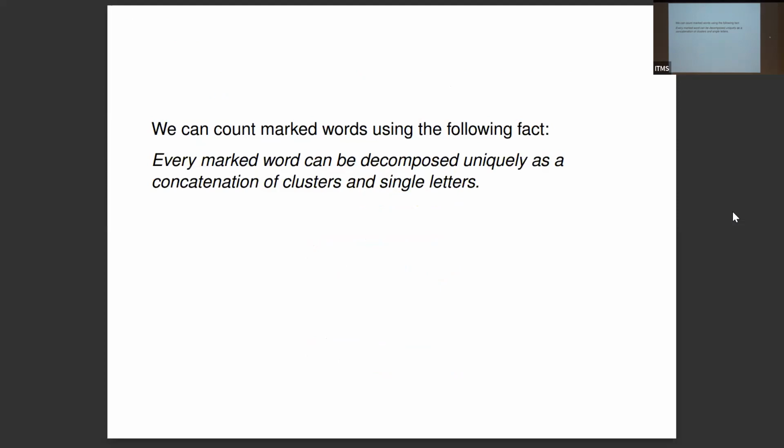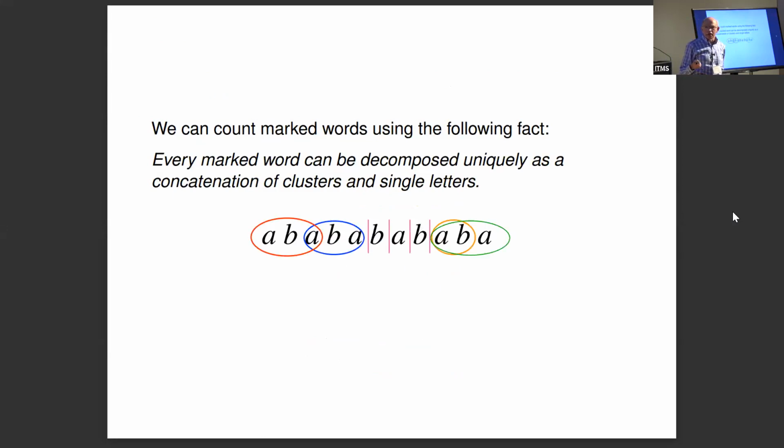So the key fact is that every marked word can be decomposed uniquely as a concatenation of clusters and single letters. So here's a picture that shows this decomposition. Here's a marked word. You just cut it wherever you can cut it without cutting through one of these ovals.